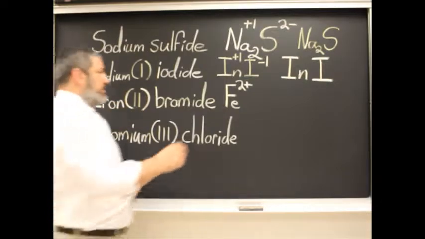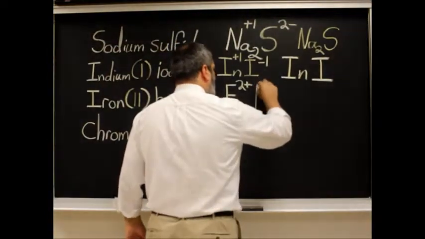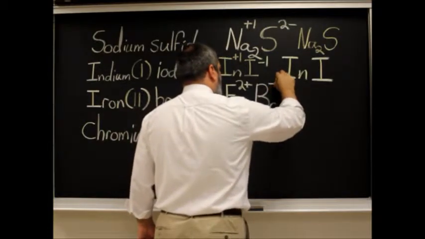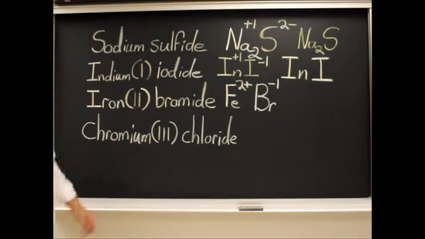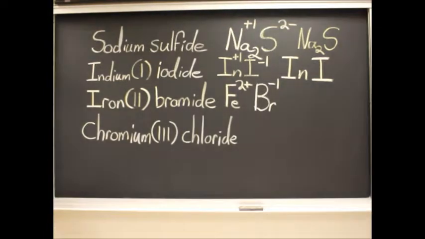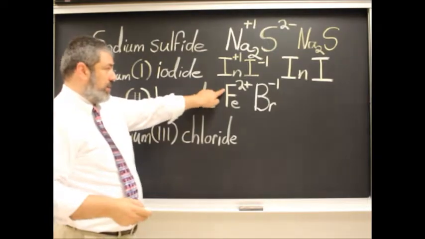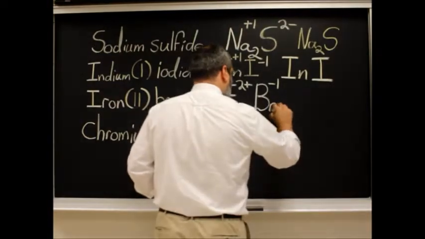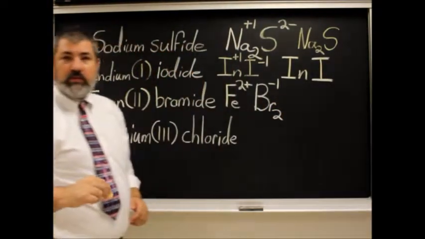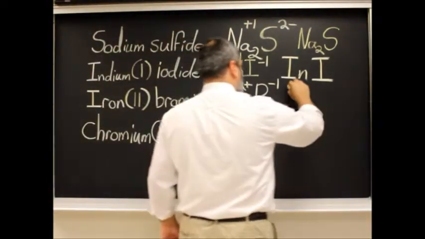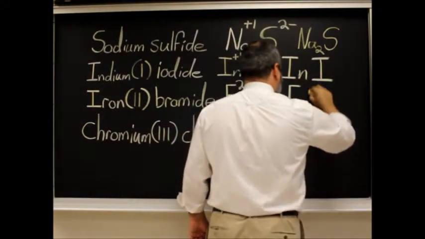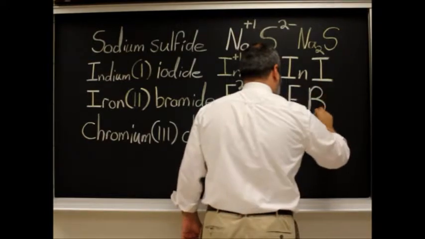Bromide is from bromine, so Br. Bromine is in group 17 as well, so it's also -1. We need charge neutrality. Iron is +2, the bromine is -1, so we're going to have 2 bromides. And again, I'll just rewrite it to make it more clear.